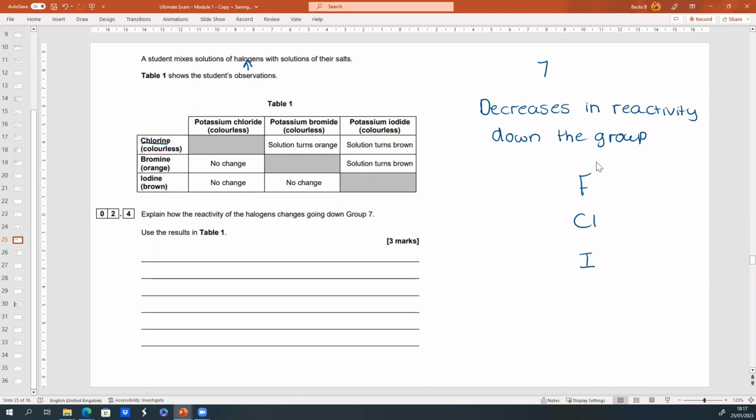So we've got chlorine, and then we've got 3 salts. Potassium with chlorine, so they're all with potassium, but we've got chlorine, bromine, and iodine. Okay, now what we're noticing is then when we've got chlorine, so when we have chlorine and we put it in with bromine, we get a colour change.